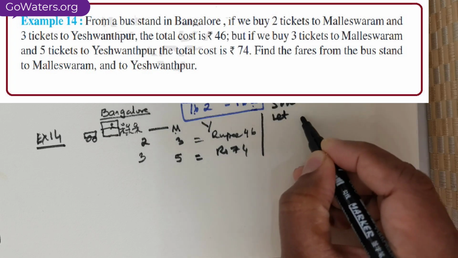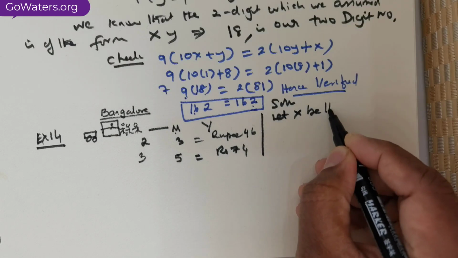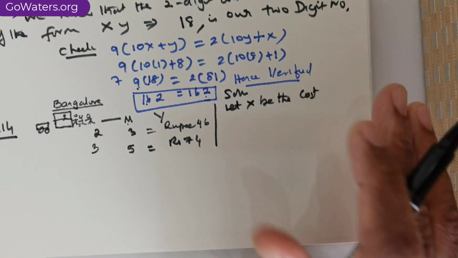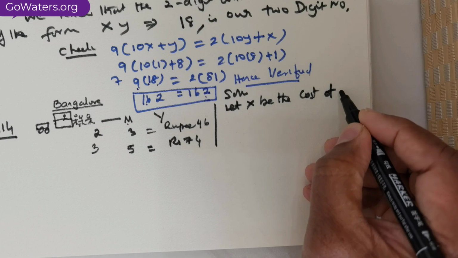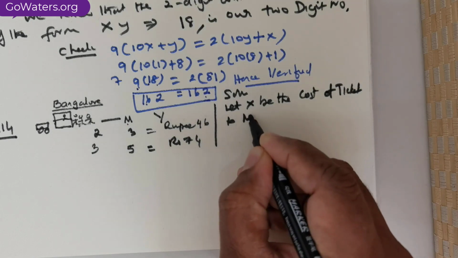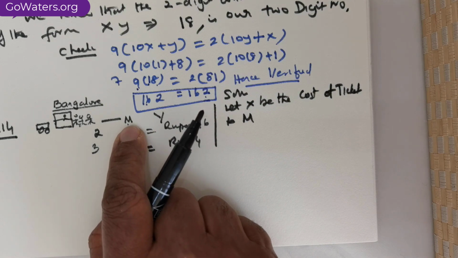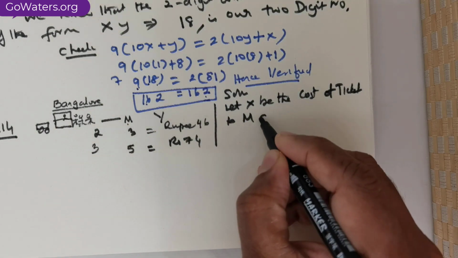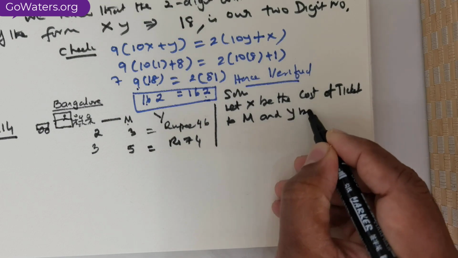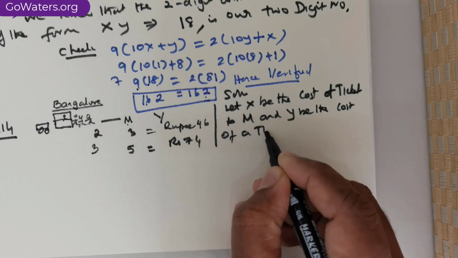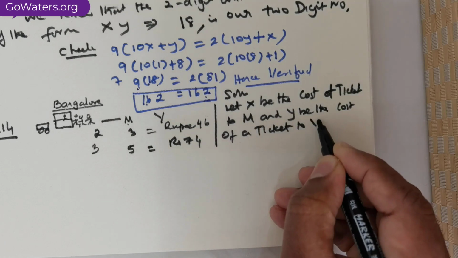I would like to say let x be the cost of the ticket to the first place, Malleshwaram, right? And y be the cost of a ticket to Yeshwantpur.